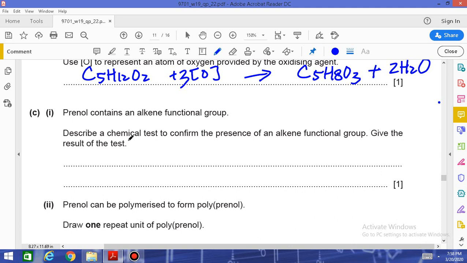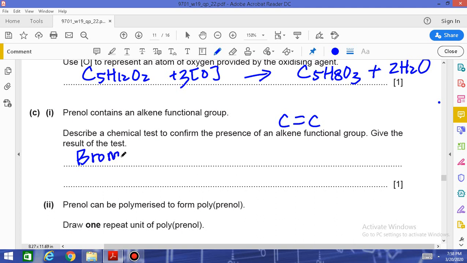Next, prenol contains an alkene functional group. Describe a chemical test to confirm the presence of an alkene functional group. Give the result of the test. Okay, so can you guess the answer? A test to confirm the presence of the alkene functional group C double bond C: bromine water must be used.